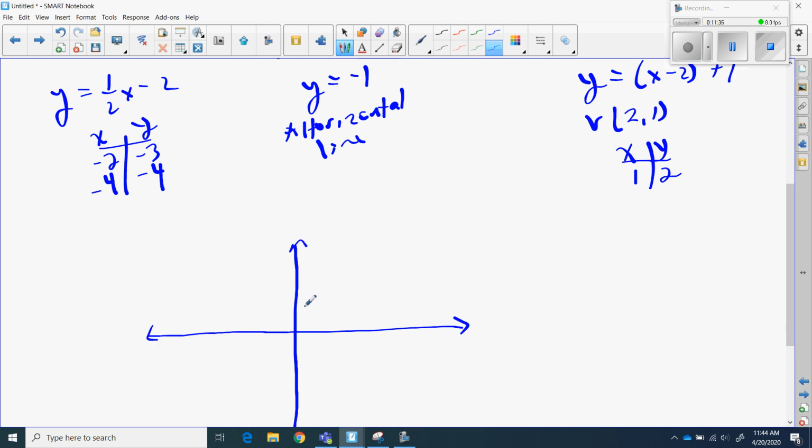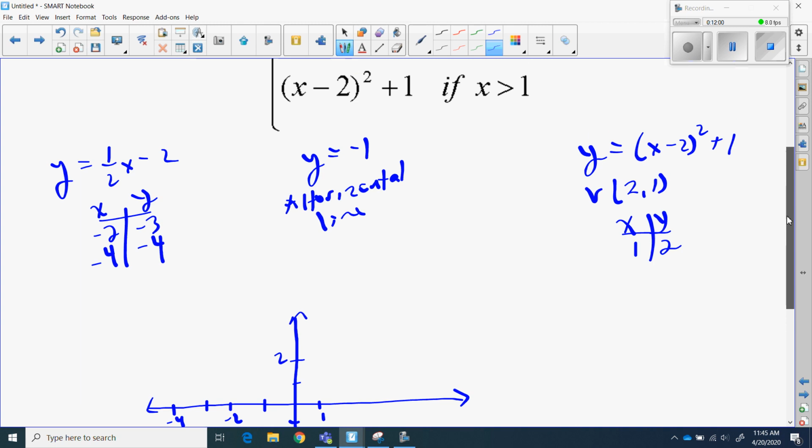So my y values, I'm going to make them go up to 2, 1. Make sure these are roughly the same width. Don't have to be perfect. 3. There's -4. Now my x's, I'm going to go over, say, to 1, -1, -2, -3, -4. Okay. Now we're ready to start plotting points.